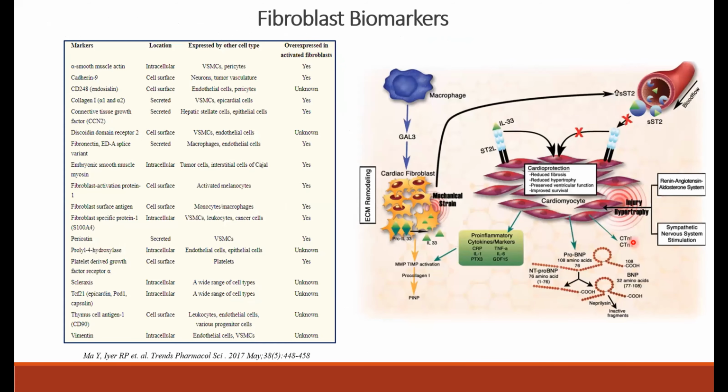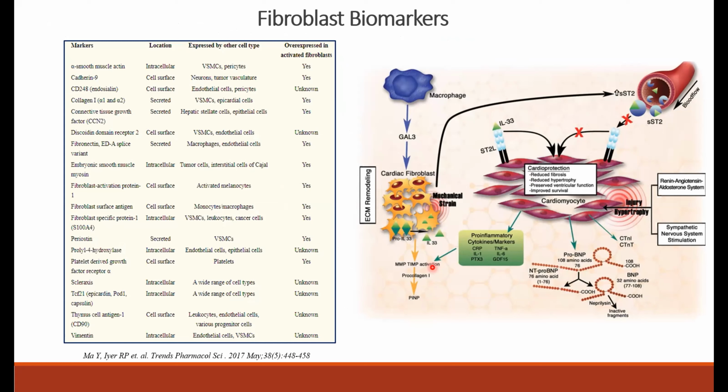So then you start to look at the fibroblast biomarkers. Although small but nascent, there's a consistent group of fibroblast biomarkers that are now being discovered and adapted every single day. And these are periostin, vimentin, fibronectin, discoidin domain receptor or the PDGF receptor, alpha smooth muscle actin, and THY1, which is also known as CD90, which is a membrane glycoprotein.